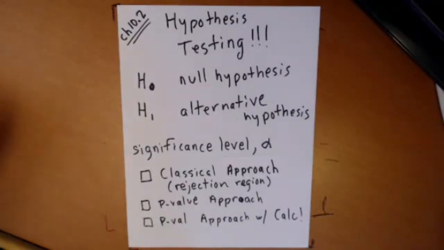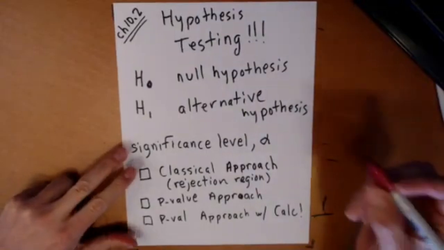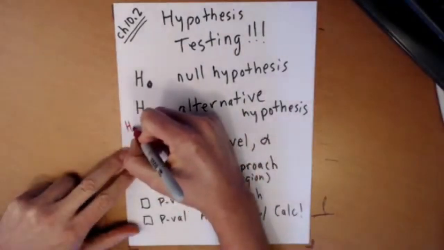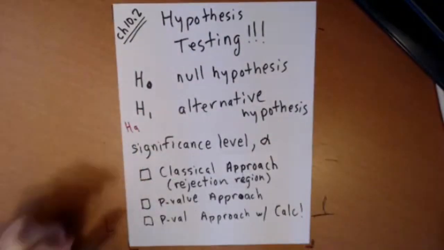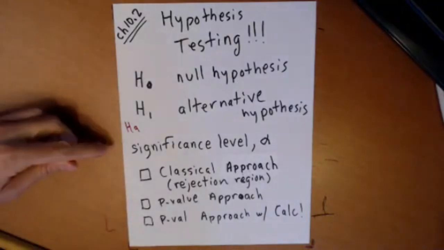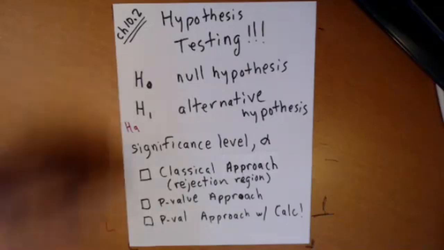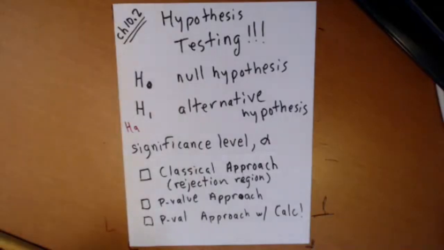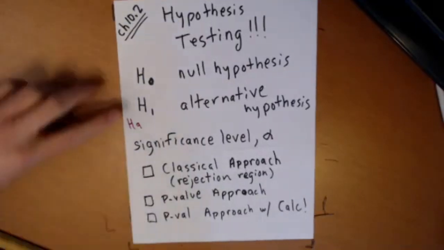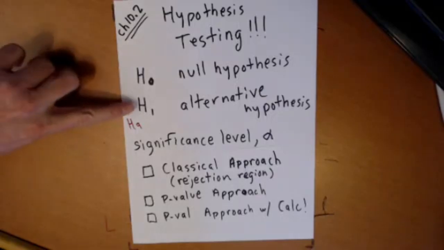Our alternative hypothesis, our H sub 1, some books, or if you're watching other videos online, sometimes they call it H sub A for alternative, HA, H1. So HA, H1, same thing, alternative hypothesis. That's usually the idea we're interested in. We'll see more of this in a second.